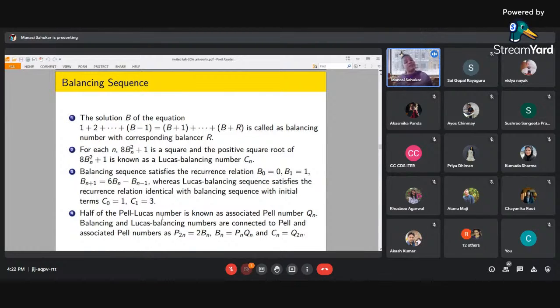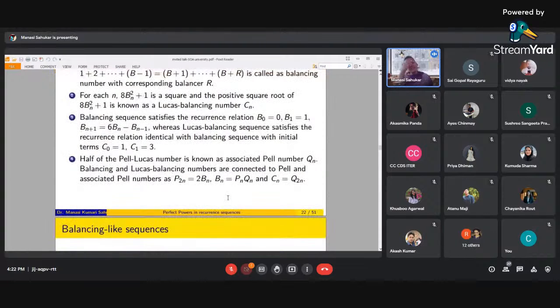Why? Half of the Pell Lucas number is nothing but the associated Pell number, and the balancing and Lucas balancing numbers are connected to the Pell and associated Pell numbers. Why am I telling this? Because the even terms of the Pell sequence are nothing but twice the balancing sequence.